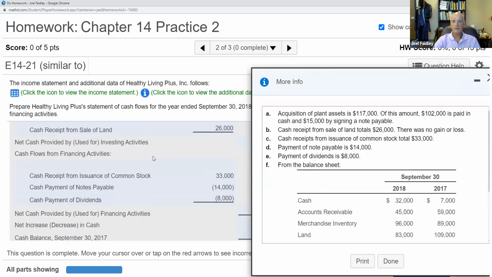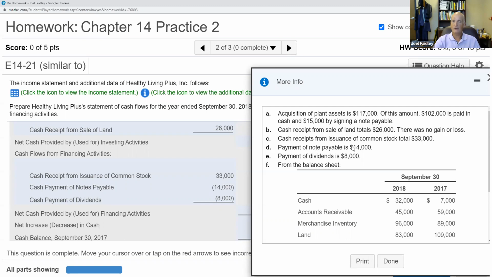All right, and so that leaves us the financing section, which is last. It says that we sold stock for $33,000. Pretty straightforward. You debited cash for $33,000 and credited the common stock. So again, anytime a liability or equity account goes up, that is what? That is a plus to cash. And it says payment of notes payable for $14,000.